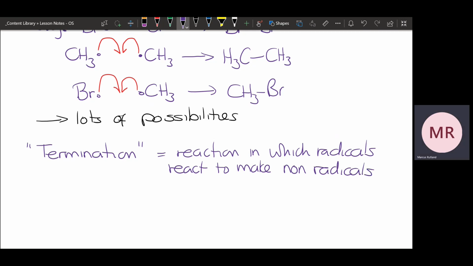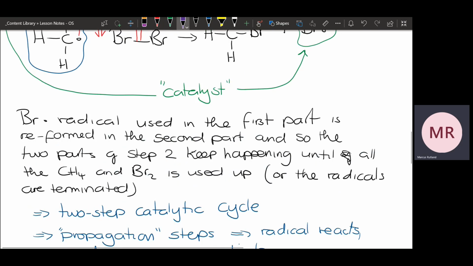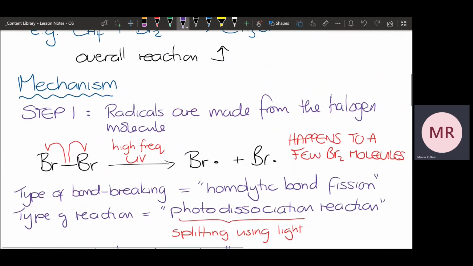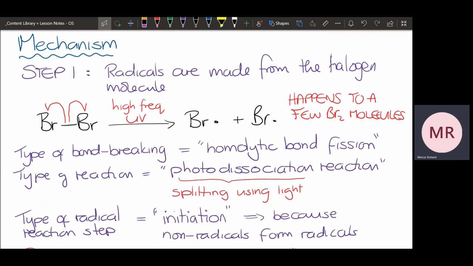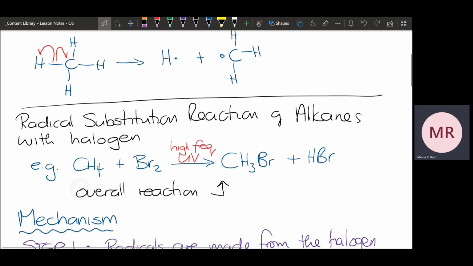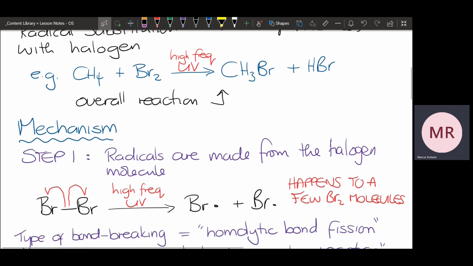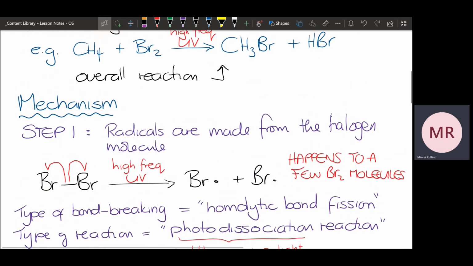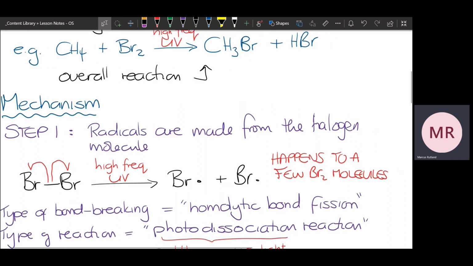Like that. Okay, so we've got this quite sophisticated process. If you want to make a halogen react with an alkane, overall you're going to get this substitution. But the way it happens is, first of all, smashing up some of the halogen molecules with UV light to make radicals so the reaction can actually happen.